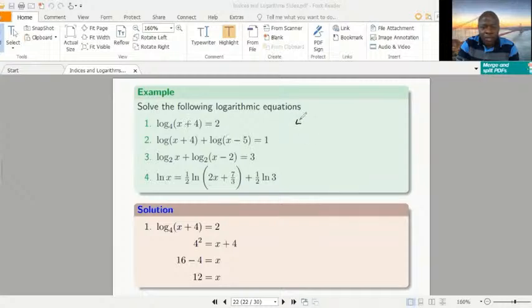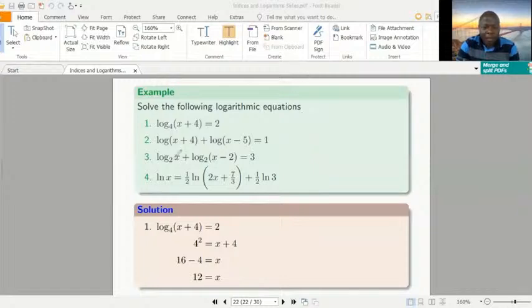It will be 4 raised to 2 is x plus 4 when you write it in index form. And of course, 16 minus 4 would be x, because this is 16, take it to the other side. So x is 12. Very easy.